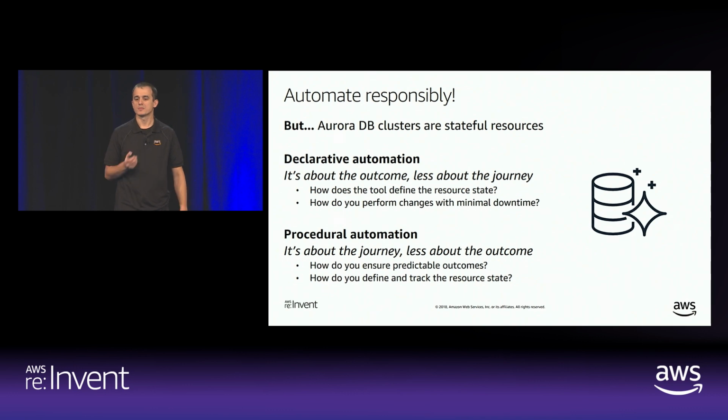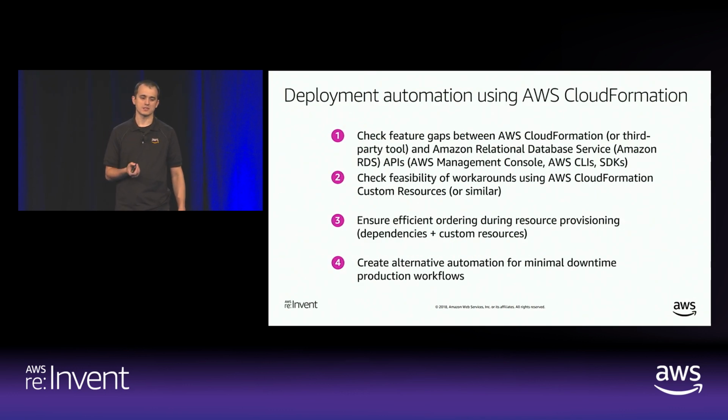Whenever you're using something like CloudFormation, there are a couple of things you've got to think about. Check the feature gaps. See if there are any gaps between what CloudFormation can support versus what the APIs can support. Very recently, we made a lot of improvements to that, so all of the cool new features that are available now in Aurora, you can support them using CloudFormation as well, natively.